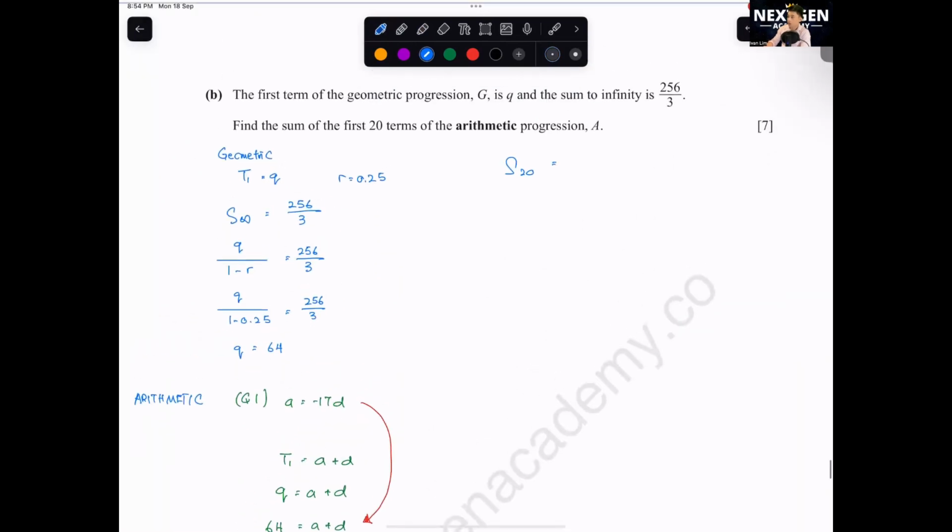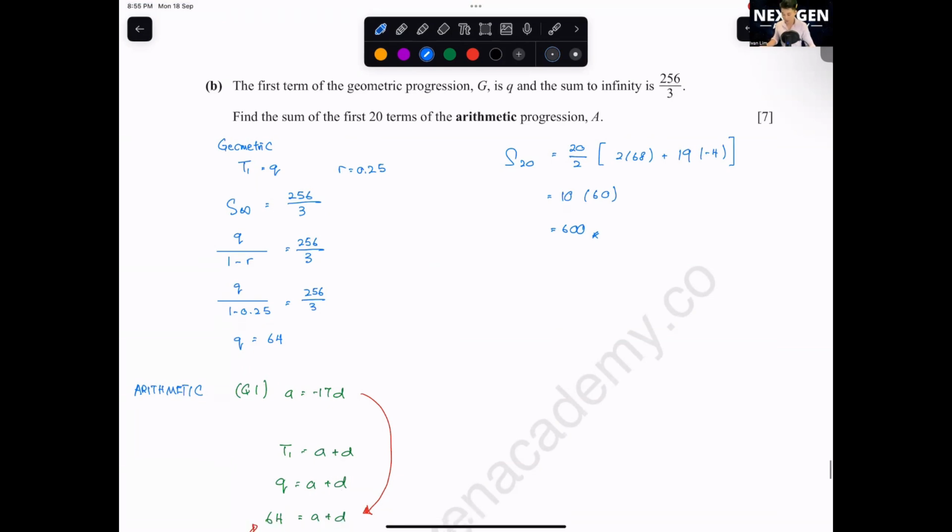So here you'll get 20 over 2 times 2a plus n minus 1, which is 19, d. So here you get 10 times 60, and here you get 600. Whatever method you use, same answer, it's fine, because they are also acceptable. So this is it.